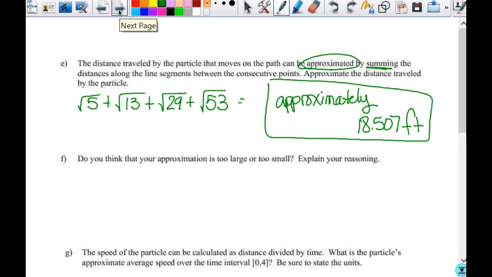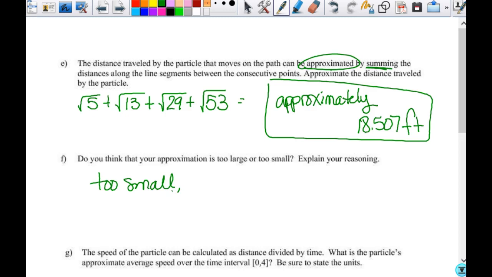So, too small. And really what you have to be careful with when you say this is, do you really, really know that it's less? Like, it looks like it is, and you think it is, and if you don't have a mathematical reason to back that up, then you need to be careful how you phrase it.